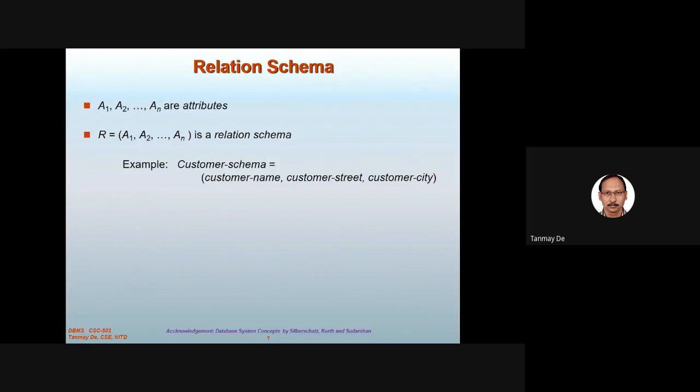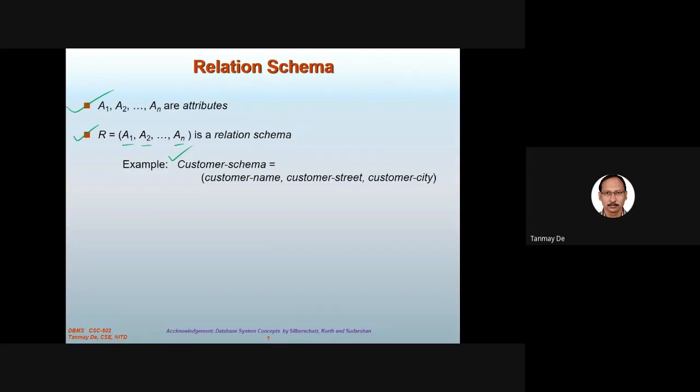Now, say A1, A2, these are the set of attributes. Capital R is the relational schema, which consists of a number of attributes, n attributes. For example, the customer schema. In my beginning class, I told you about schema and instances.